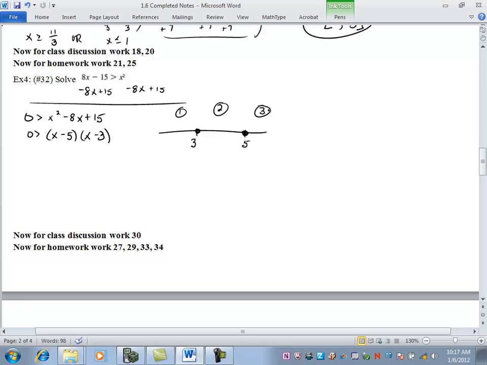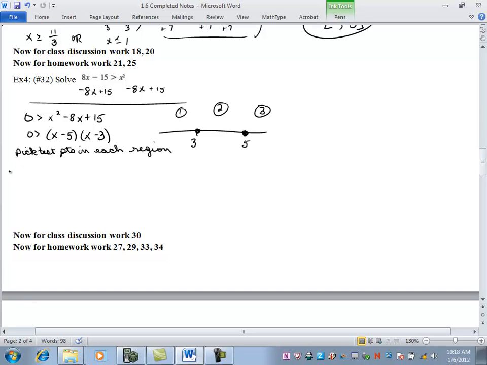We're going to pick test points in each region, and I am going to fill those test points into this expression here. I'm not really going to care what the value is as much as I am the sign.